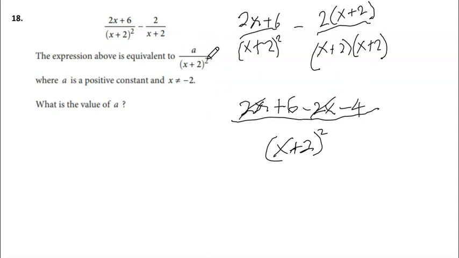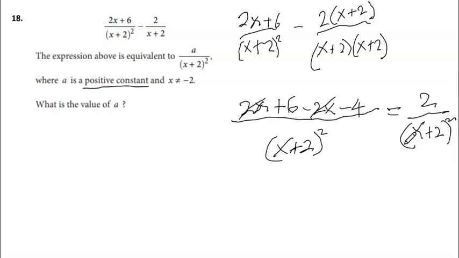If you get anything else, it means you did something wrong because they gave you a as a positive constant, right? So if the x doesn't go away, it means you're already on the wrong path. And then we have 6 minus 4, which is equal to what? 2. So we have 2 over x plus 2 squared, right?